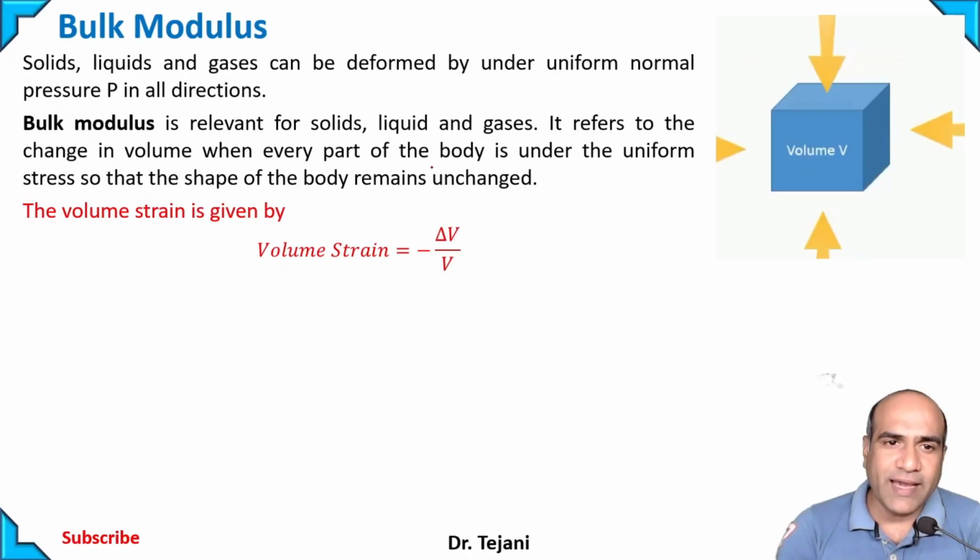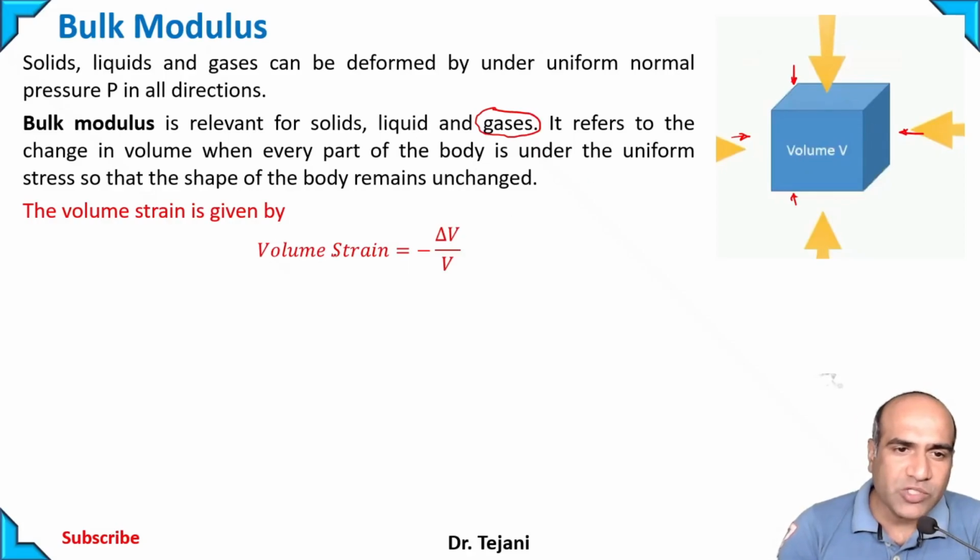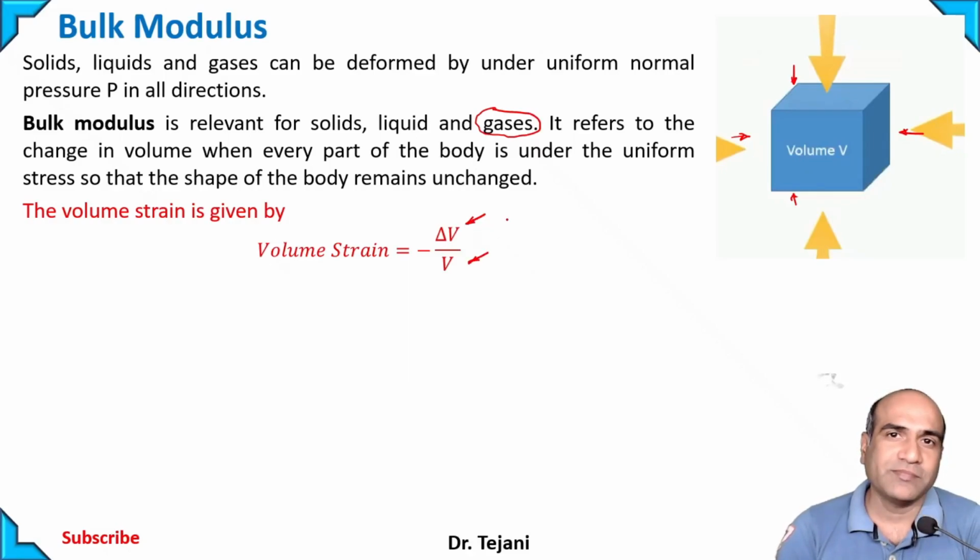In the case of gases, mostly it is seen. If you compress a balloon from each side, then it is subjected to compression and there is a reduction in volume. So volumetric strain is given by the change of volume, delta V, divided by its original volume. So this is volumetric strain.